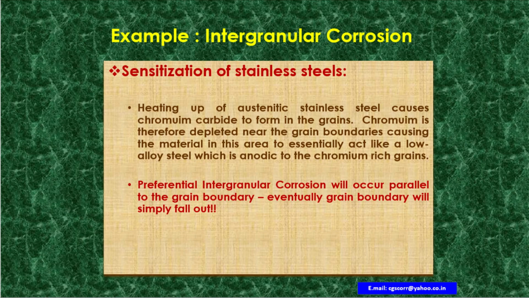Chromium is therefore depleted near the grain boundaries, causing the material in this area to essentially act like a low alloy steel, which is anodic to the chromium rich grains. Otherwise, preferential intergranular corrosion will occur parallel to the grain boundary, that is, eventually the grain boundary will simply fall out.